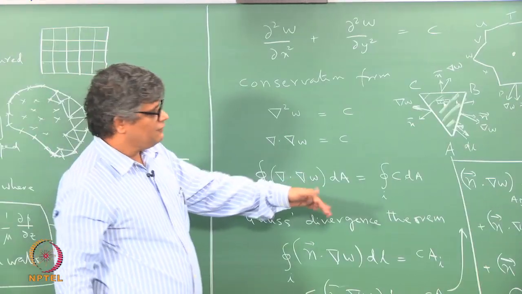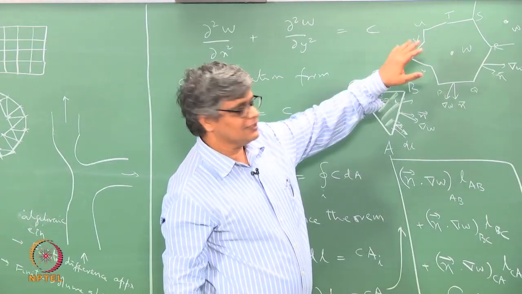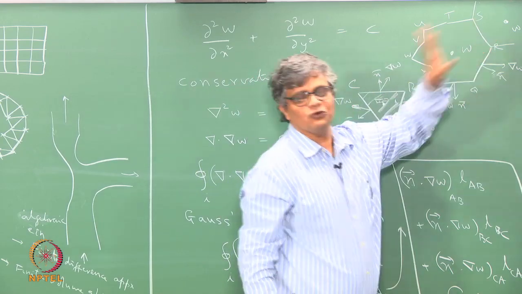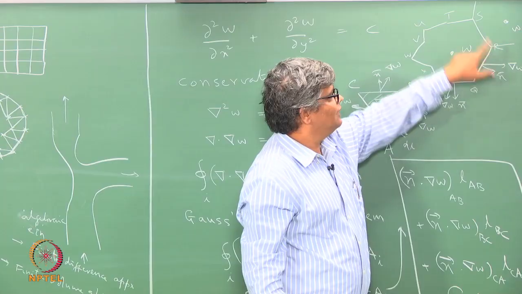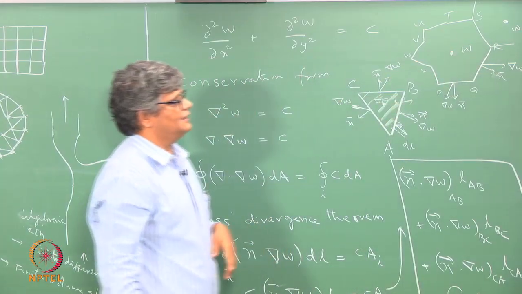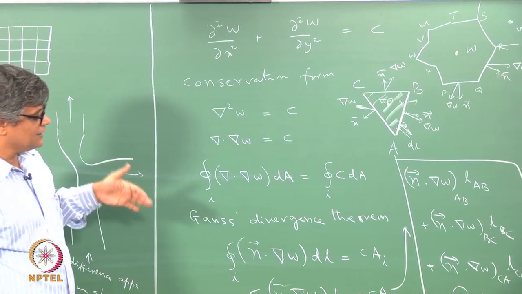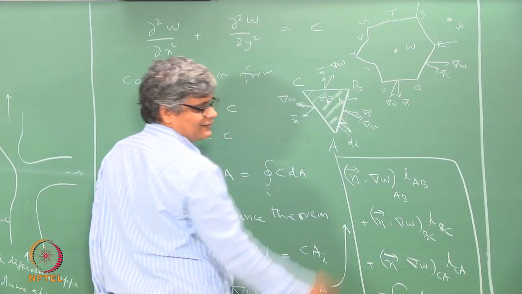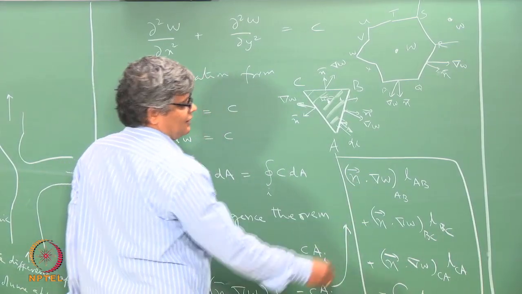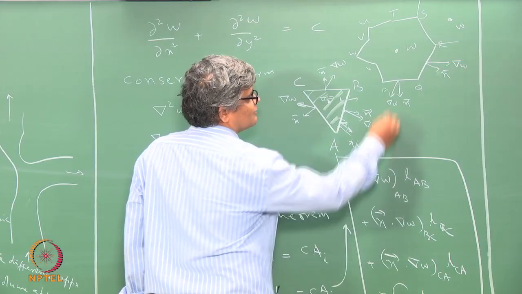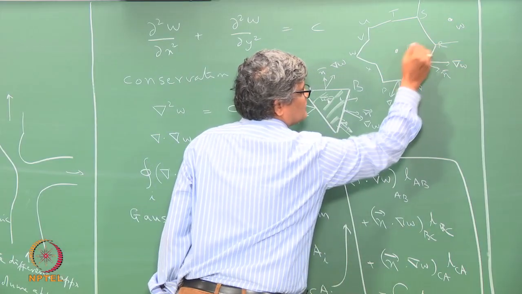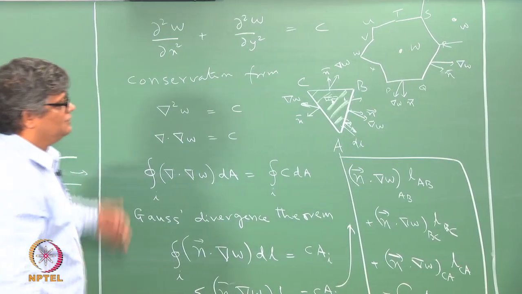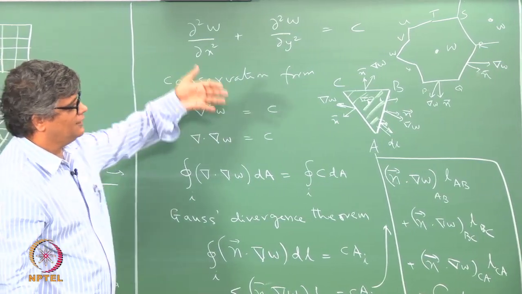So, you evaluate the gradient in terms of the difference between the node value and the neighboring node value, across which you have this face as a separation. So, although this is a gradient and at this stage it is a partial derivative, we are going to evaluate this in terms of the difference between the value of W at this node and then the neighboring node.